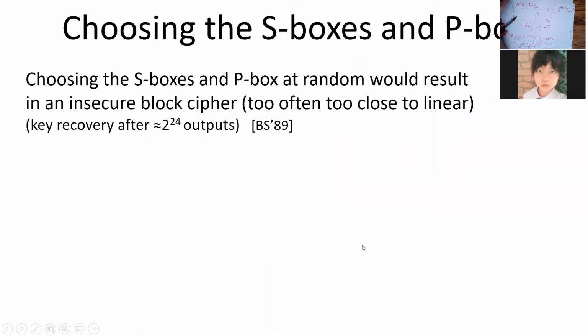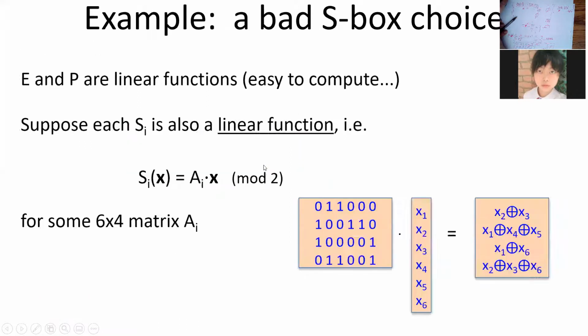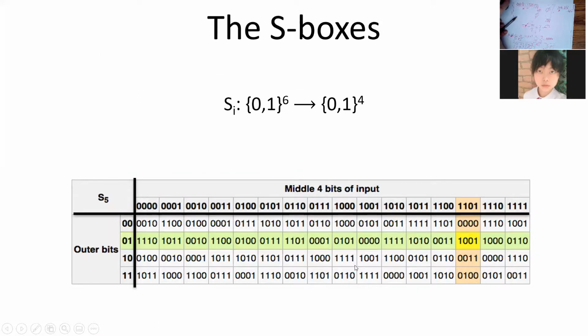So what do we know? That the S boxes cannot be linear functions. Indeed, even if they were quote unquote close to linear, what does this mean? Well, somebody writes this S box, and you are asked, does this represent a linear function on the 6 bits?